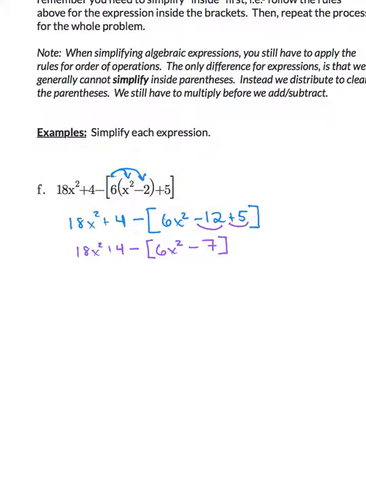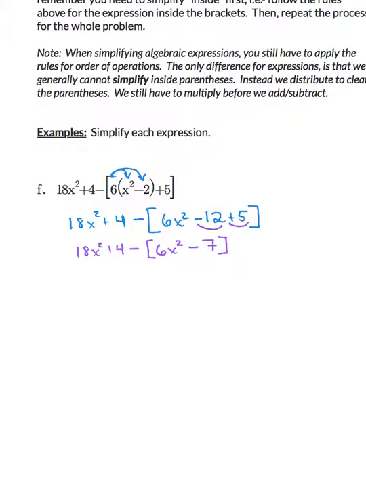Okay, so from here, now that we have completely simplified inside the brackets, now we want to look at the larger problem. So the next thing I need to do is get rid of the brackets. We are going to want to distribute, but what are we going to distribute?